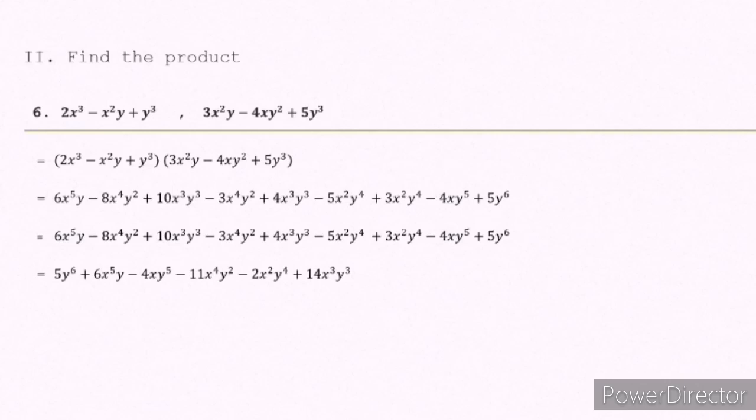Then combine the like terms. 6x to the 5th y, then combine to 4xy to the 5th plus 5y to the 6th. There it is.